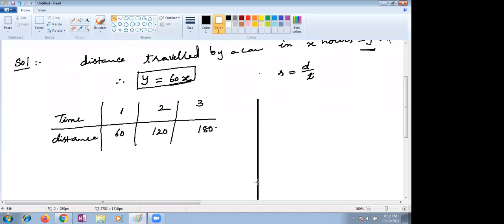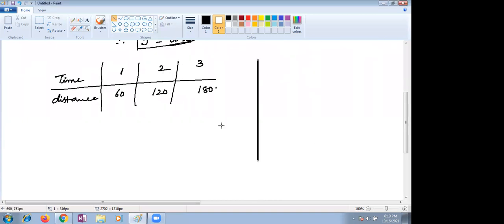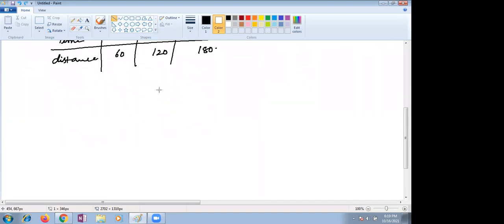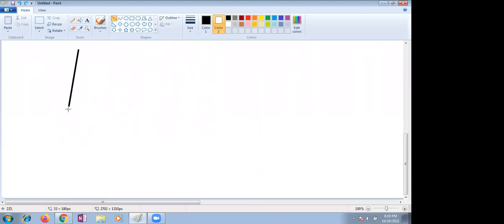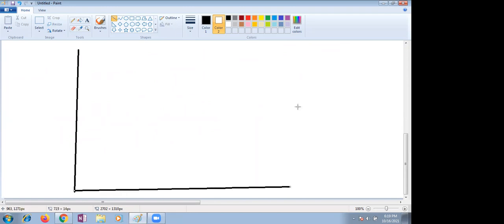First of all, you have to draw the x-axis. I will take it a little lower here. The vertical axis is the y-axis, and the horizontal is the x-axis. What is the meeting point, children? The origin. On the x-axis you are taking time, and on the y-axis you are taking distance.